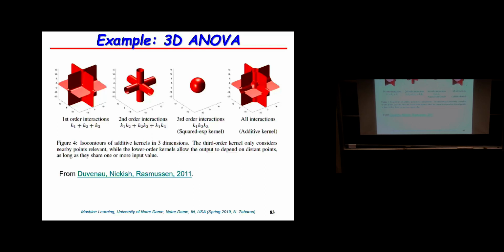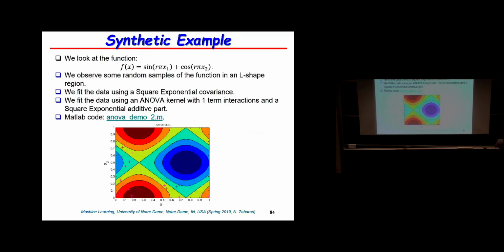Here we have first order interactions from 3 kernels, then second order interactions, then third order interactions, and then an additive kernel of all 3 possible interactions. So you can model things as simple as this, or you can add second order effects, third order effects, etc. Here is one example of a function that involves 2 sines.